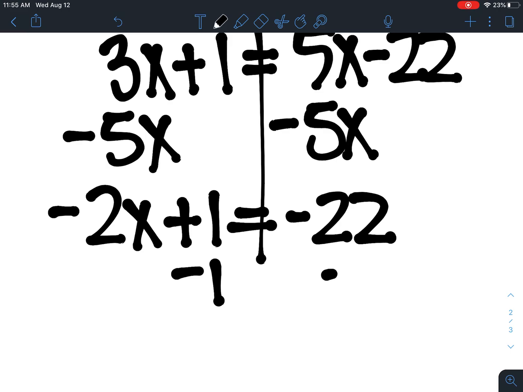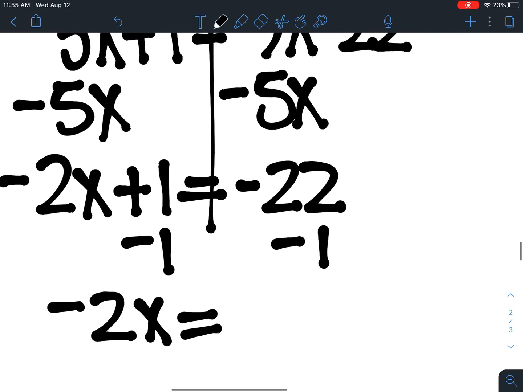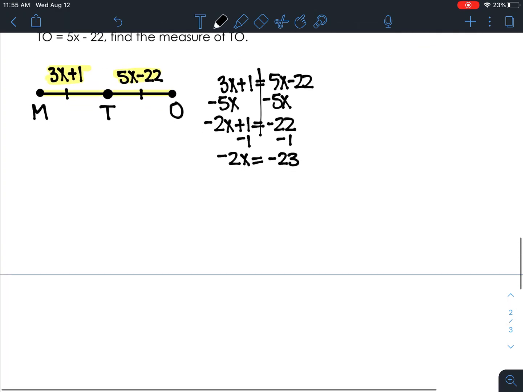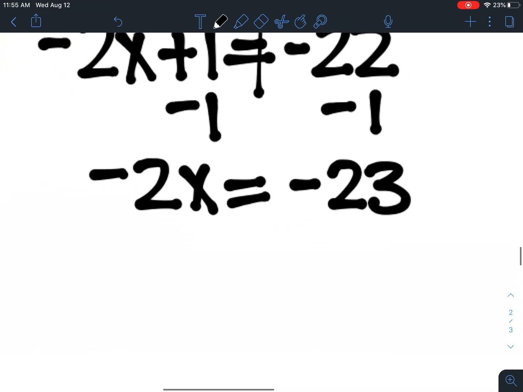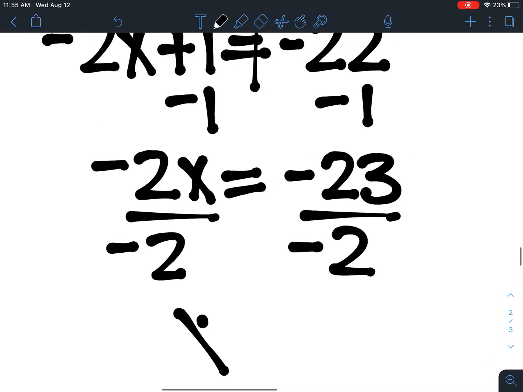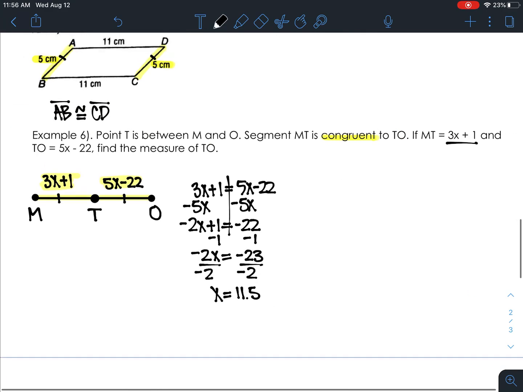I'm going to subtract the 1 on both sides, and I'm going to get negative 2x is equal to negative 23. And then I'm going to divide by negative 2, and I'm going to get x is equal to 11.5.